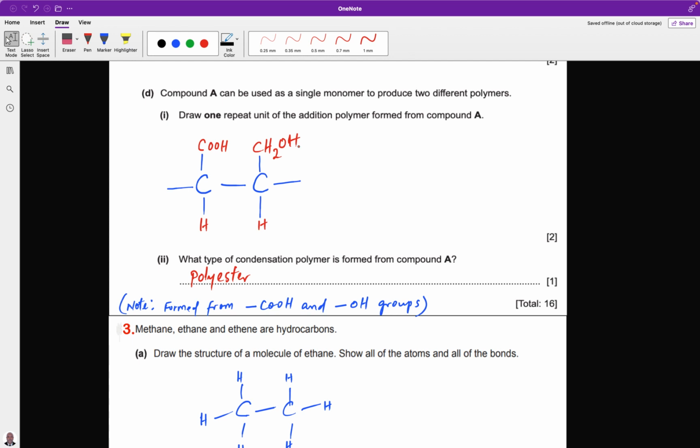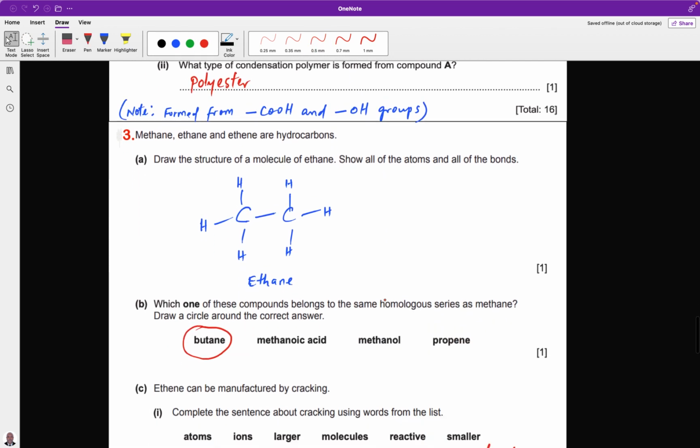And if it's a polymer that is being formed, many ester groups are going to be formed. So there are going to be ester linkages, resulting in what we call a polyester. Because an acid group and an alcohol group are involved, a polyester is going to be the product. So the type of condensation polymer formed from this will be a polyester, because of the COOH group and the OH group.